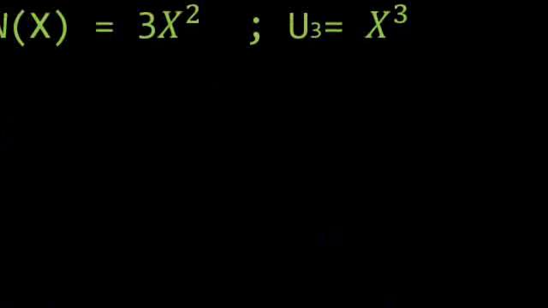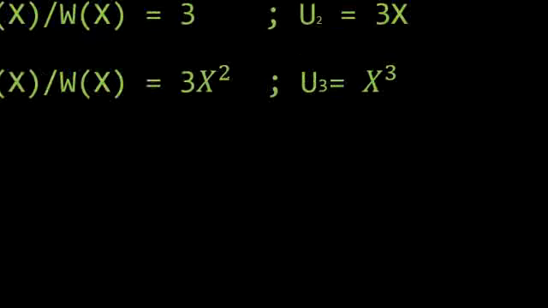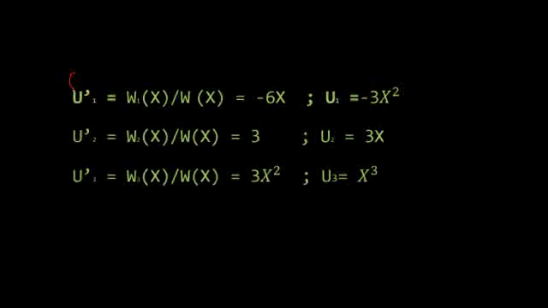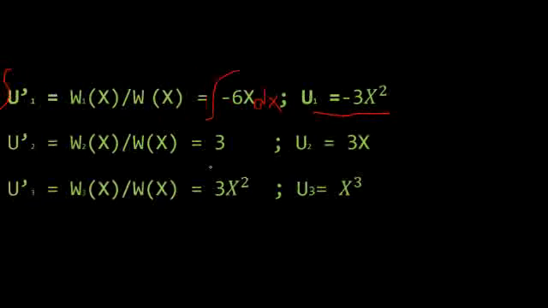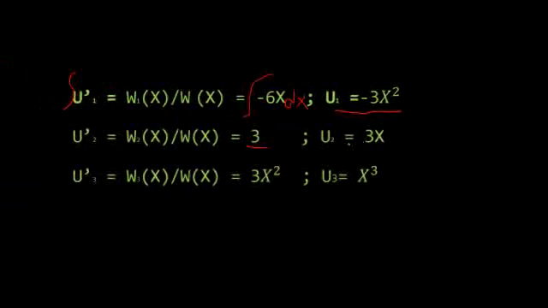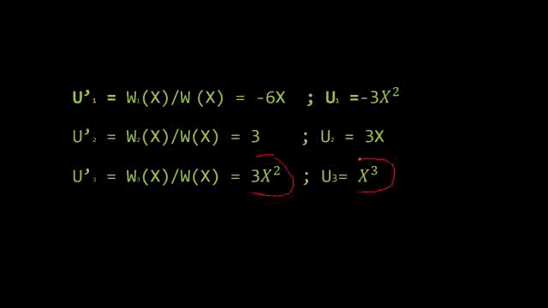We found this u1 prime, but after this we need first to integrate this with respect to x, so that we find out that u1 is equal to negative 3x squared. For u2 prime, we find this is 3. After integrating, we have 3x. And for u3 prime, Wronskian 3 over the Wronskian, we have this 3x squared, and find this x cubed.